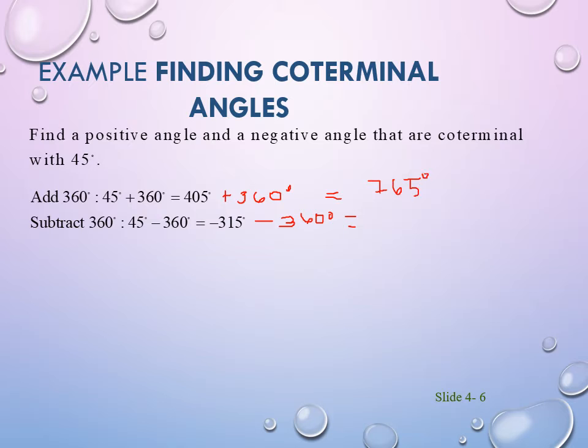And then this one, negative 315 minus 360, you would get negative 675 degrees, right? So these would be the coterminal angles that have the same initial side and the same terminal side.